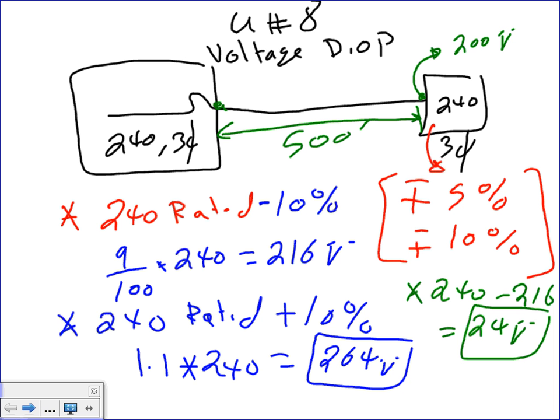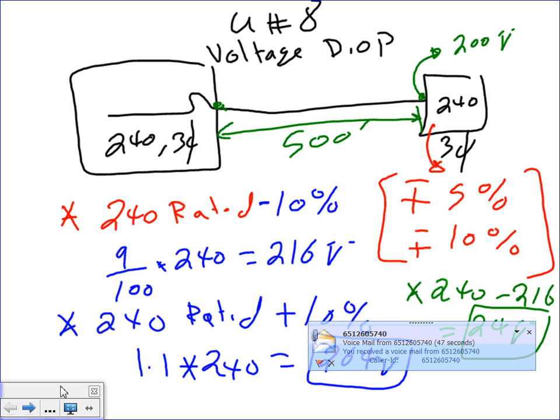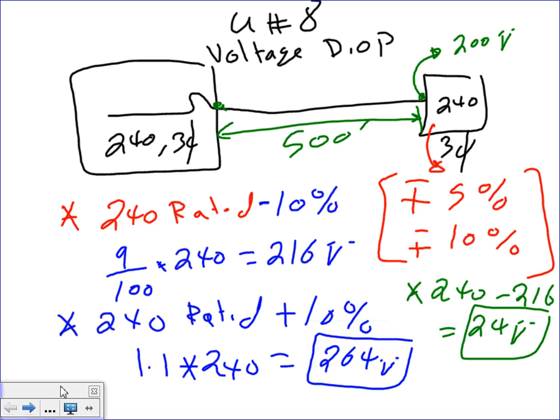That's what most of the equipment are rated for. But remember, other equipment is rated 5%. So between 5 to 10%, I gave an example of 10%. If the equipment is rated for plus or minus 10% and I give this piece of equipment 264 or 216, the equipment should function okay within this range. That's what the manufacturer rated their equipment.